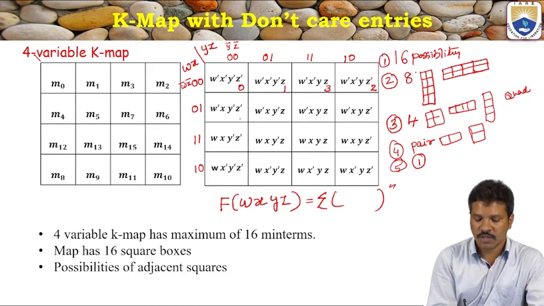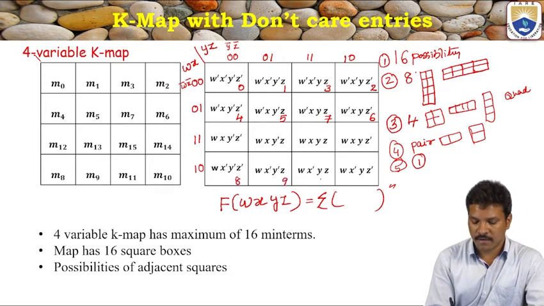And 0, 1, 3, 2, then 4, 5, 7, 6, then 8, 9, 11, 10, then 12, 13, 15, 14.